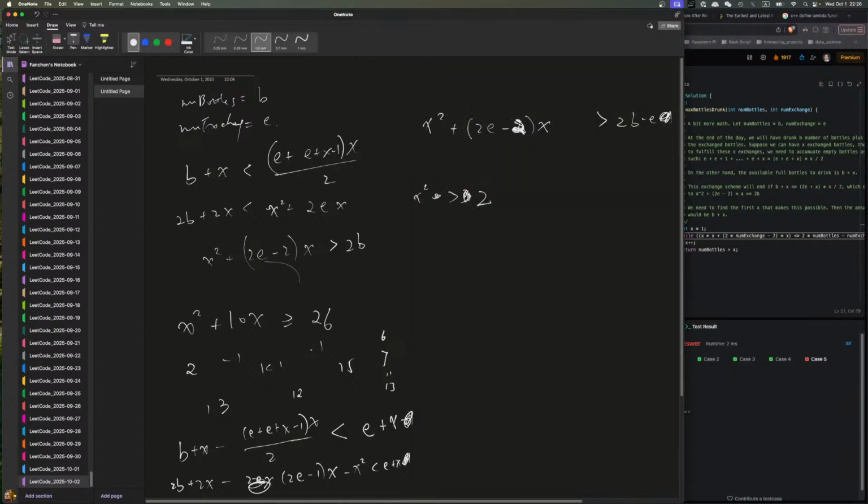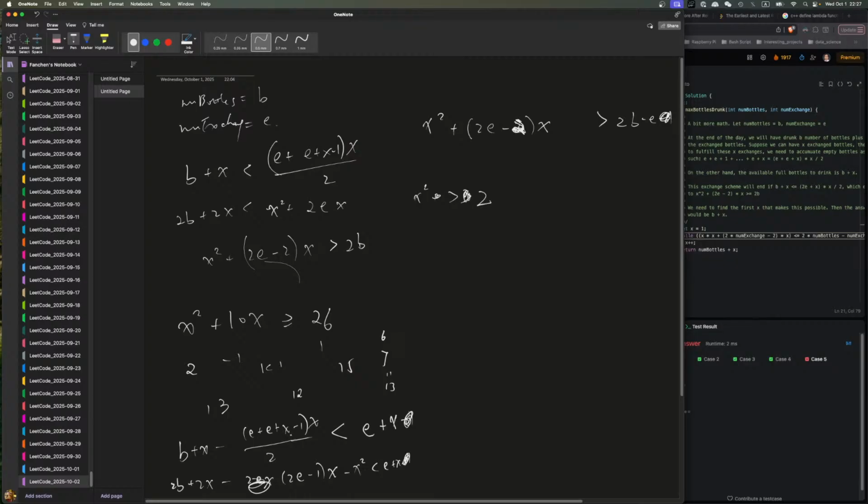Oh, I think you also miscalculate this. This should be 2e and 2x. Ugh. But this is right. Wait, hold on. Now I'm not sure. So this is saying after I get x number of exchanges, right? On this side, I got this much of bottle. On this side, x number of exchanges.